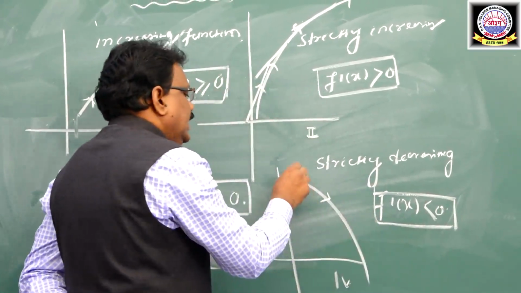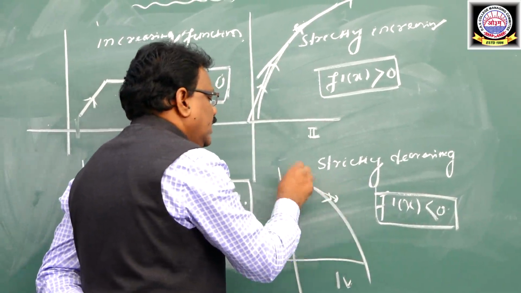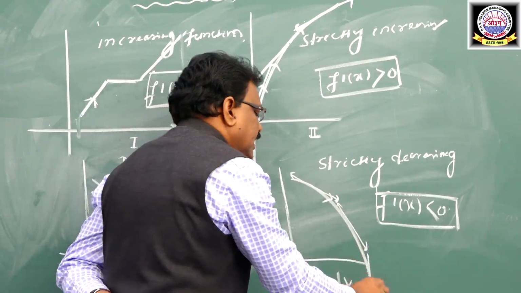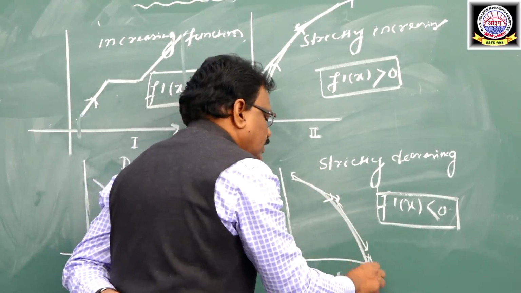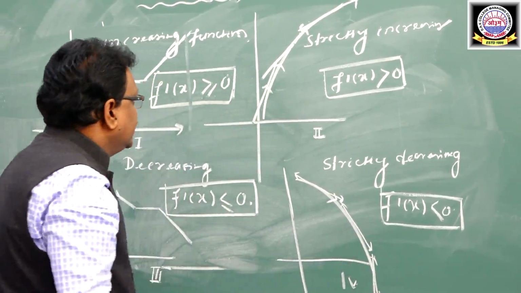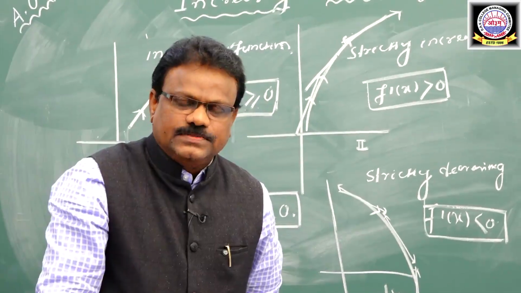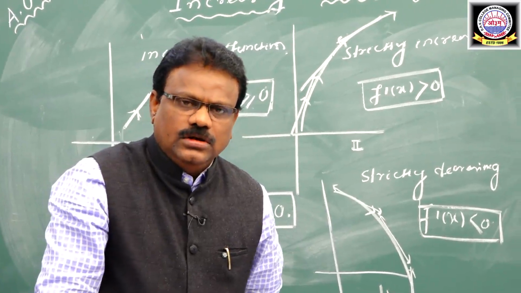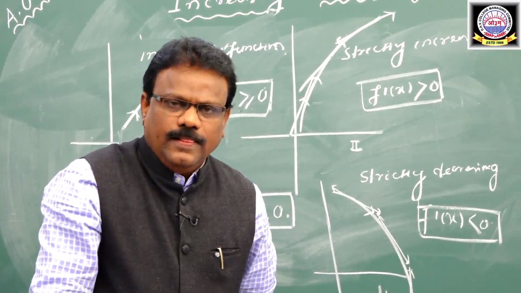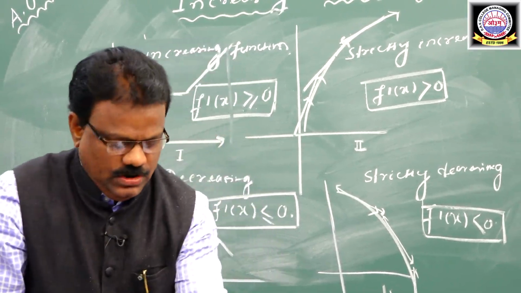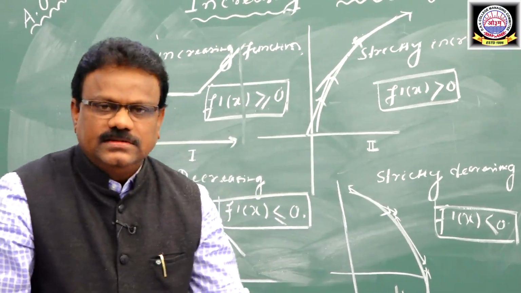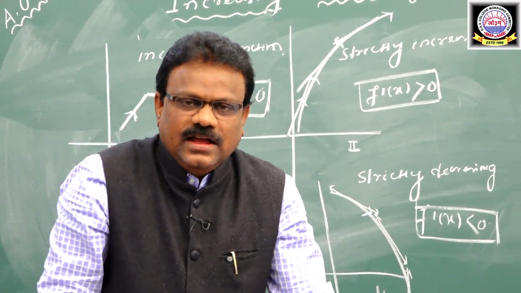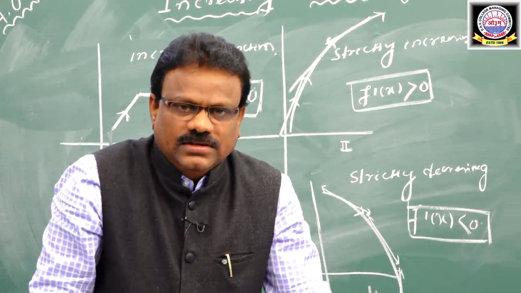Here also I cannot draw a tangent at any point which will be parallel to the x-axis. Where the tangent is parallel to the x-axis, the derivative is 0, and these are called turning points. So these are the concepts of strictly increasing and increasing, strictly decreasing and decreasing functions.